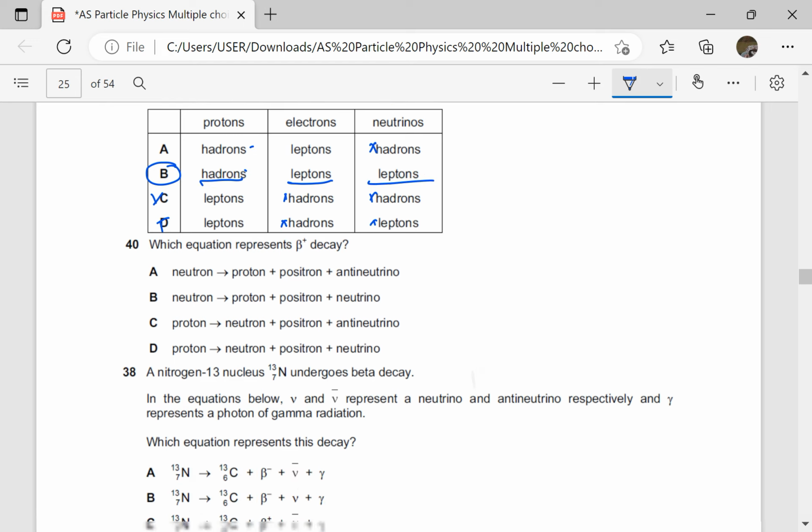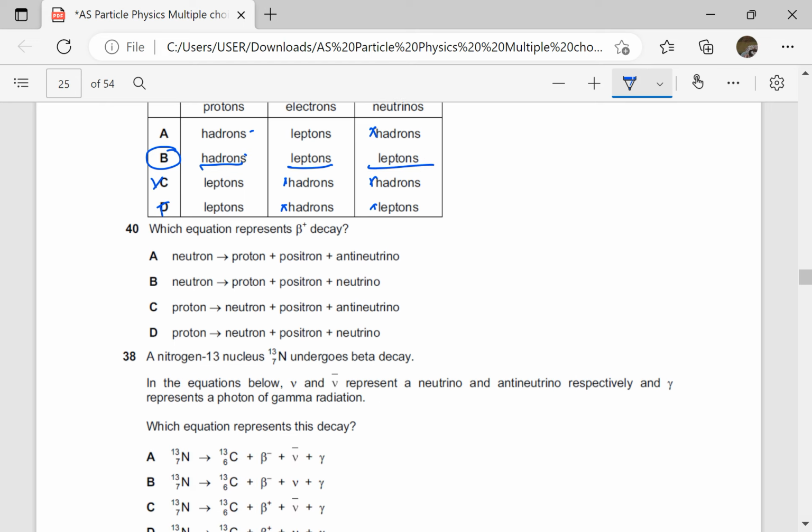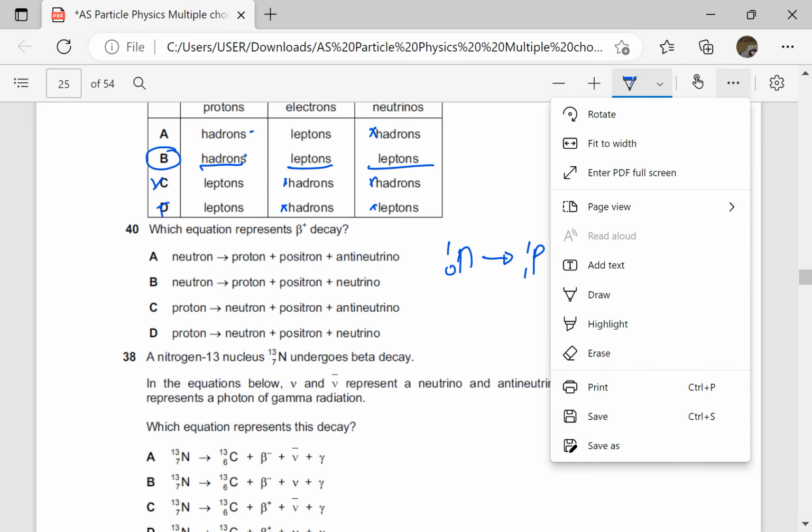Which equation represents beta plus decay? We have seen that equation. We have said a neutron decays into a proton plus, no, it is a beta plus decay.